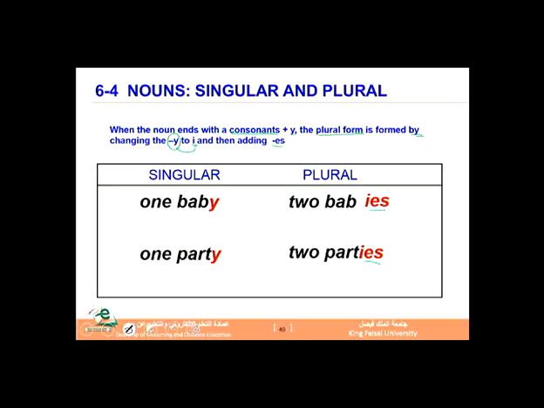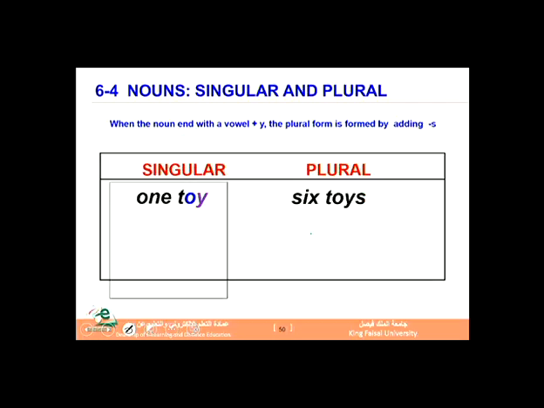So you get 2 babies. Two babies, 2 parties, and so on and so forth. So the y is dropped, then add IES. In the word party, the Y is dropped and add IES.